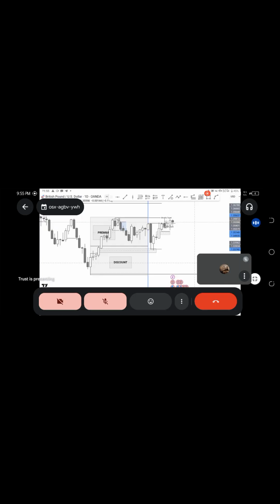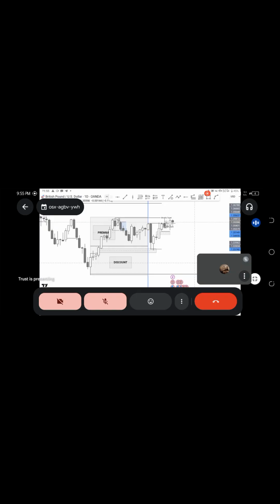When I said premium and discount arrays, those arrays are key levels in the premium and discount where the market is likely to make a move from.